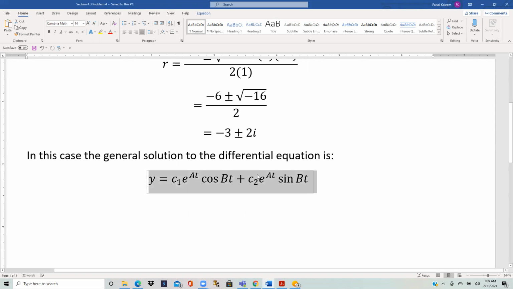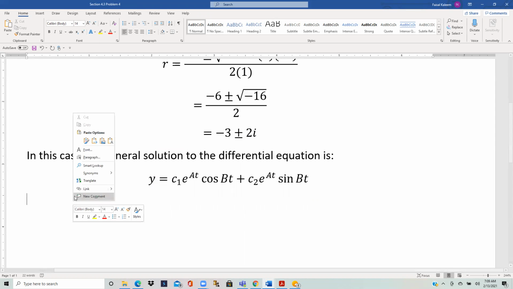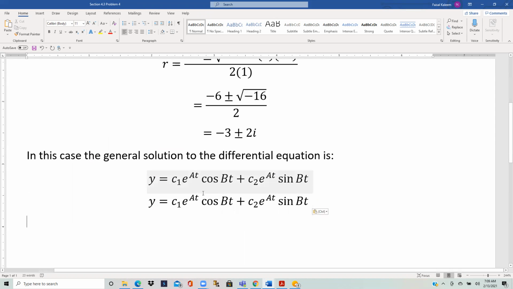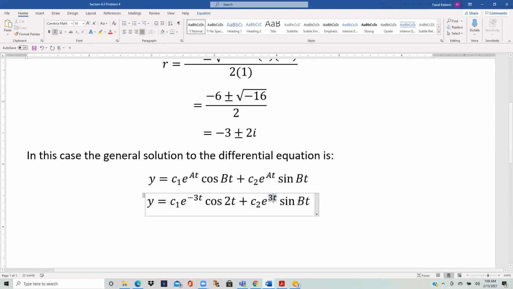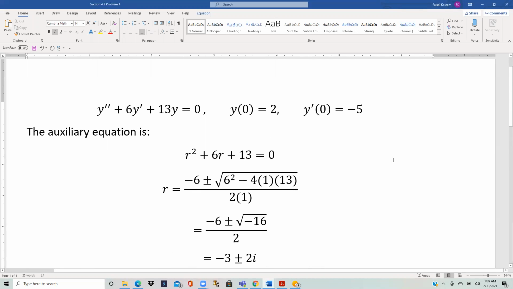So let's just copy it and substitute the constants. a is -3 and b is 2. And now we use the initial conditions.